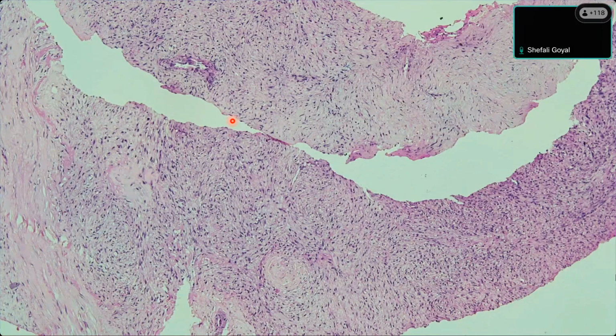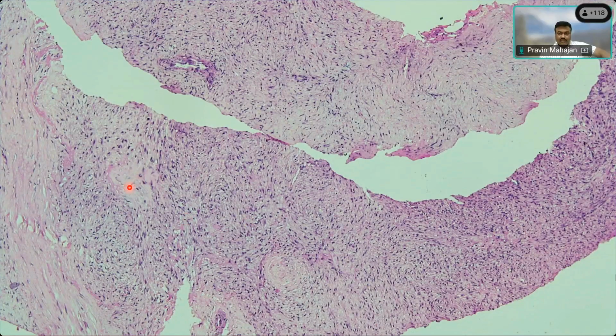Yes, correct, there is some vague fascicular arrangement. Stroma is myxoid at places. Myxoid at places, collagenized, right? Collagenized, yes, sir. Correct. Okay. And it looks mildly to moderately cellular. In some areas it is very mildly cellular, in some areas moderately, maybe more cellular. Correct. It has heterogeneous cellularity.